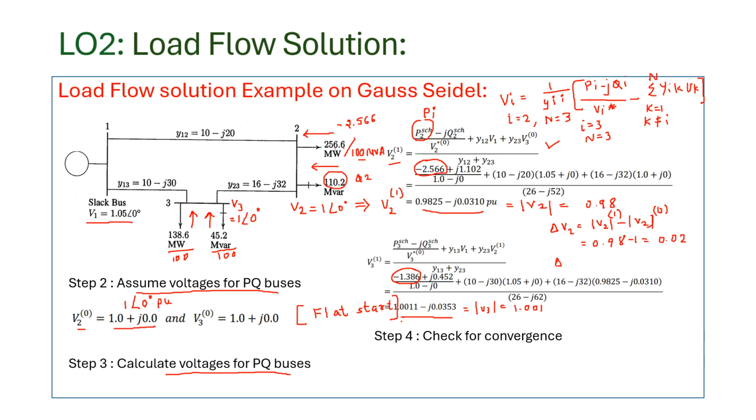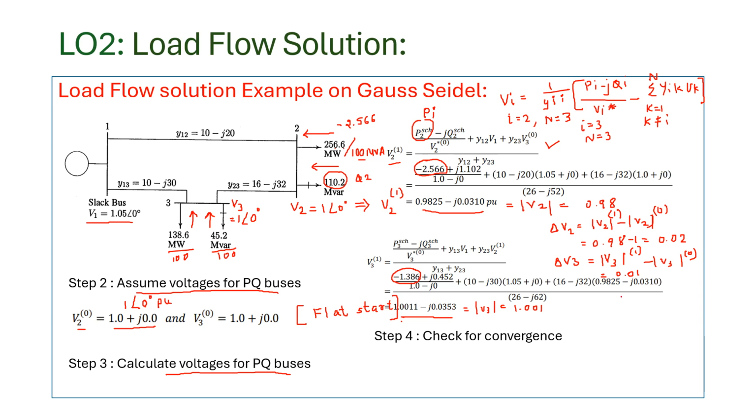Similarly, if you calculate the difference vector for V3, then V3 magnitude at the first iteration minus V3 assumption, we will get around 0.001.